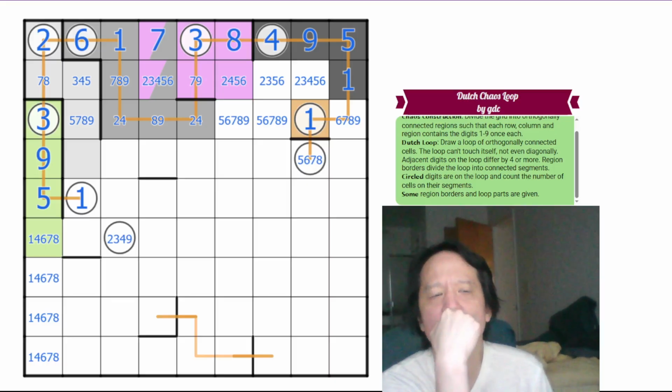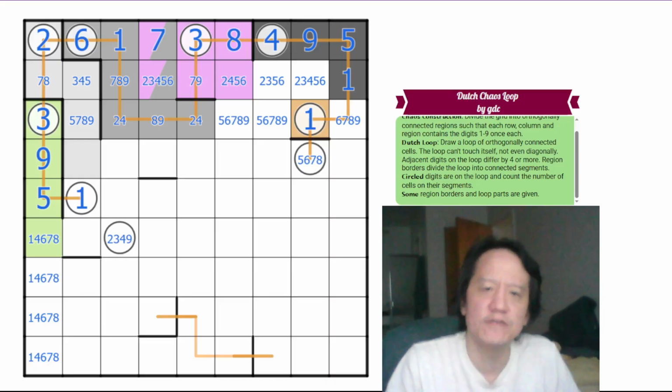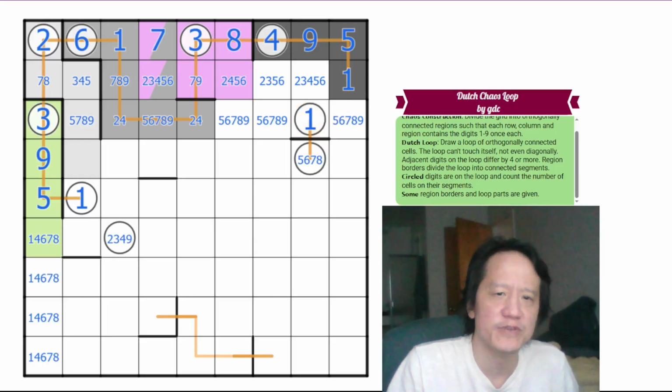Okay. Huh. Huh. How does that work then? Oh, couldn't this be 5? This has to be 5 then. Okay, so I think the logic there was incorrect.